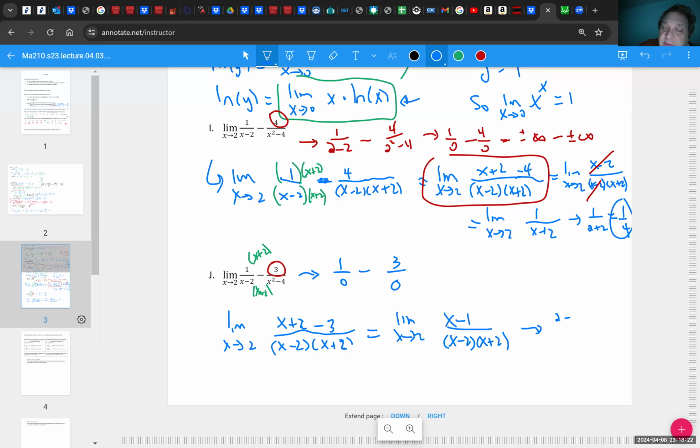And then we get 2 minus 2 and 2 plus 2, so we get 0 times 4. But 1 over 0 is plus or minus infinity. All right, so this limit, depending on which side, if you come from the right side or the left side, is either going to be positive infinity or negative infinity.